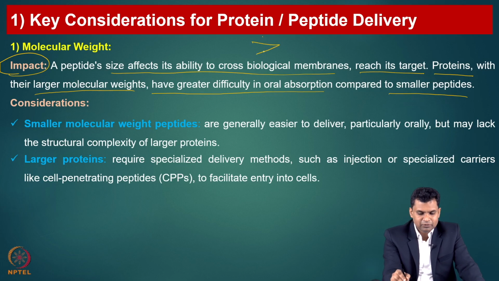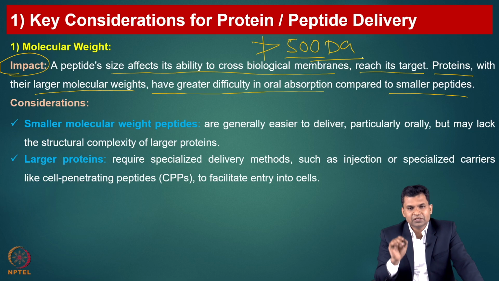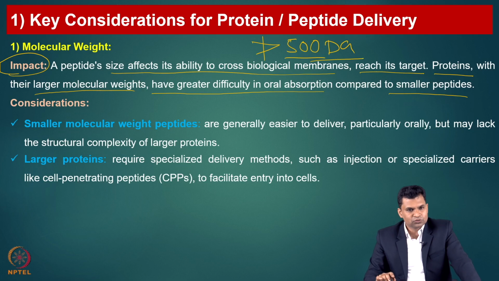Any molecule greater than 500 Daltons is very difficult to permeate through the membranes. So, molecular weight has an impact on permeability as well as absorption. So, how to deal with that?